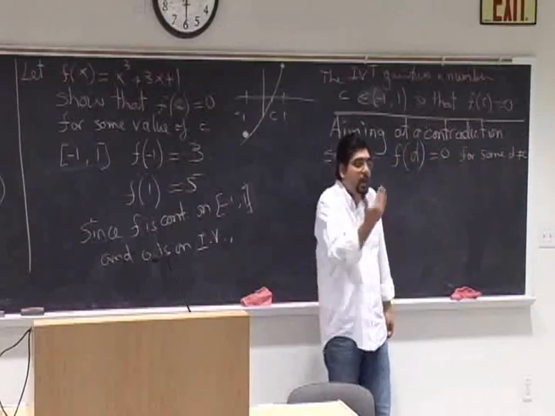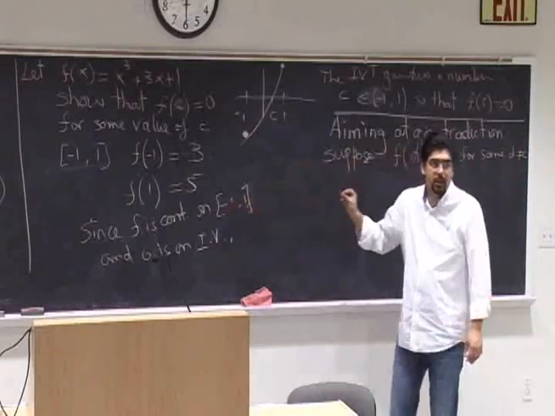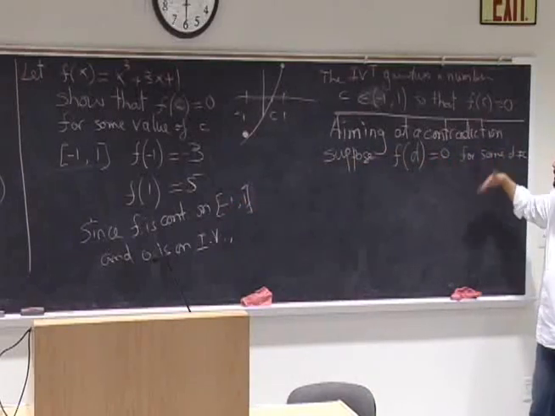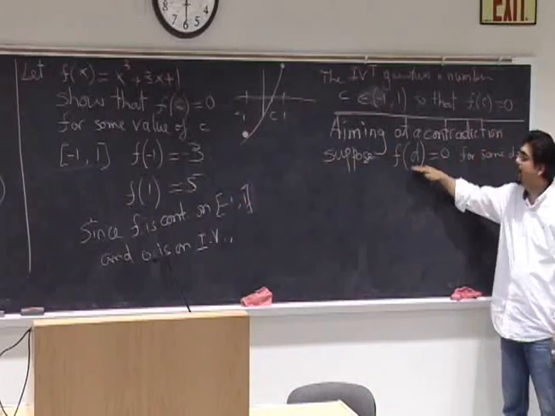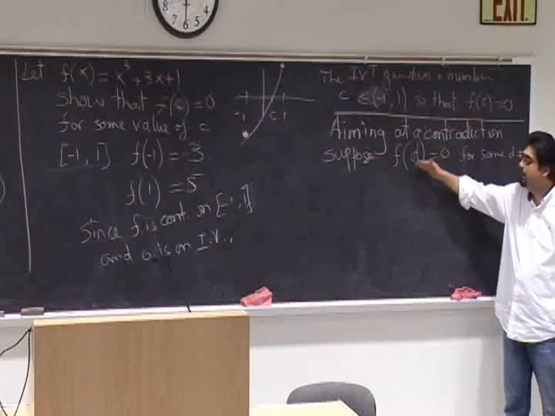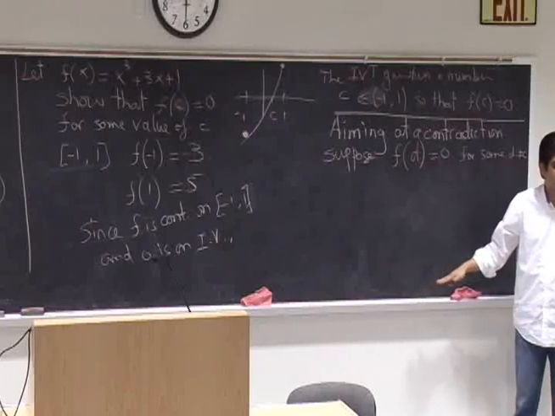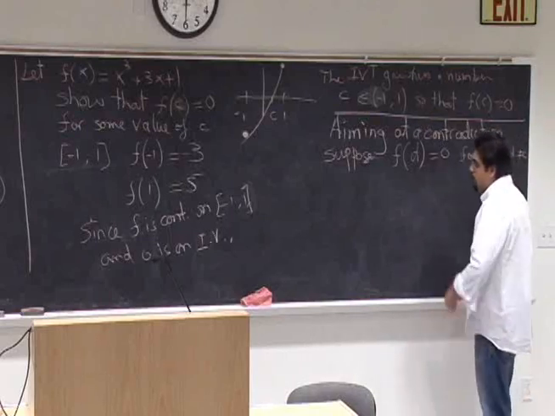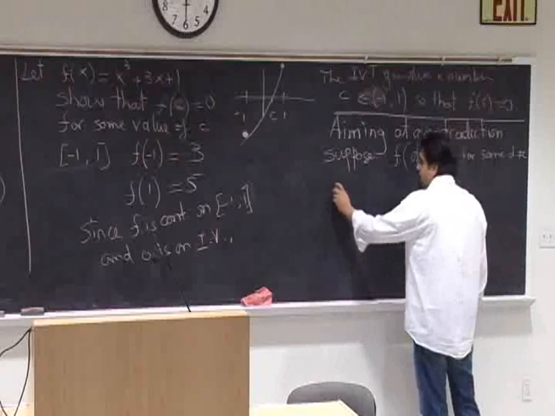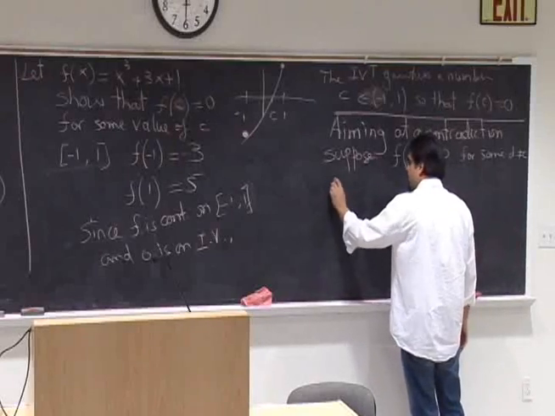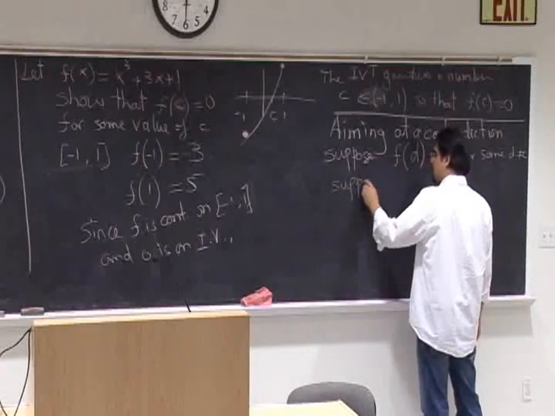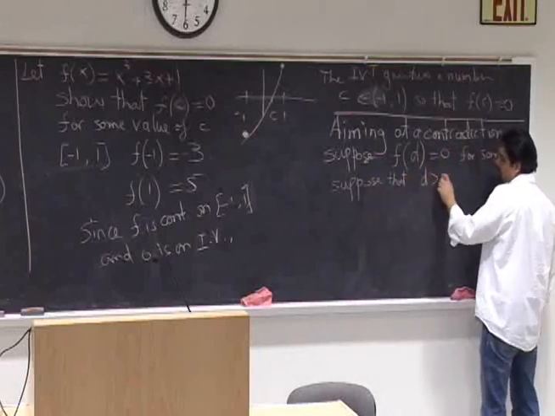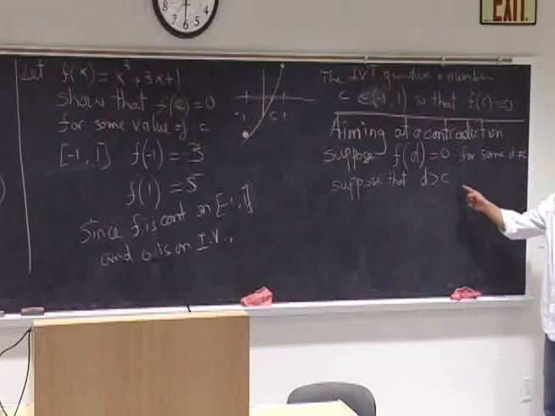This is exactly the opposite of what we want to show, that there is no other number for which f of that number equals 0. So, aiming at a contradiction, we suppose that we have such a number, and we're going to get a contradiction now. For the purposes of our proof, we can suppose that this number d is more than c.